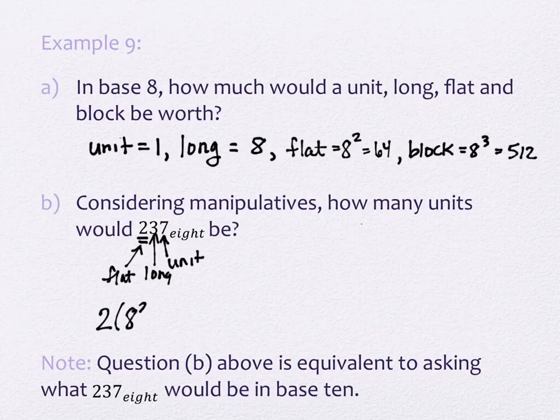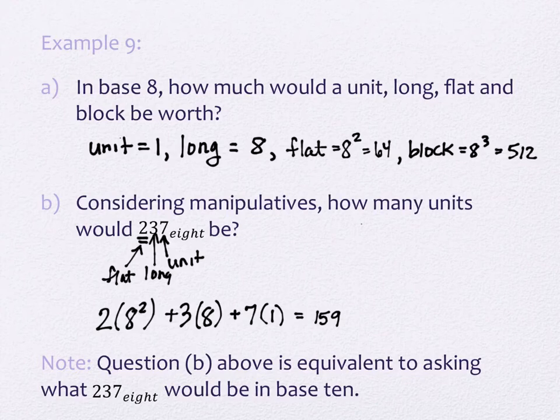Well, a flat is 8 squared. This is 3 longs. Well, a long is 8, so it's 3 eighths. And then I have 7 that are just left out, 7 times 1. So if I were to multiply 2 times 8 squared, or 64, plus 3 times 8 plus 7, I would end up with 159.